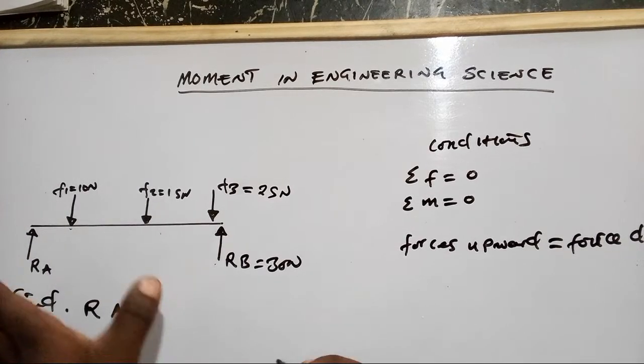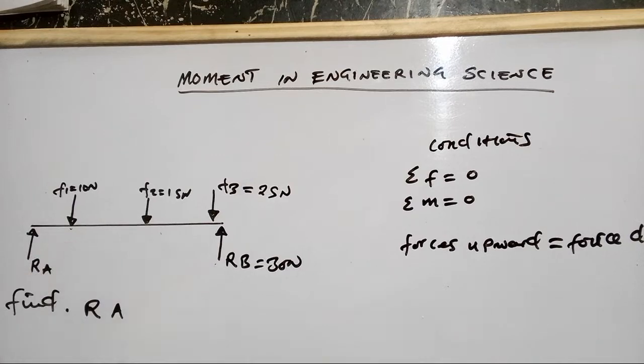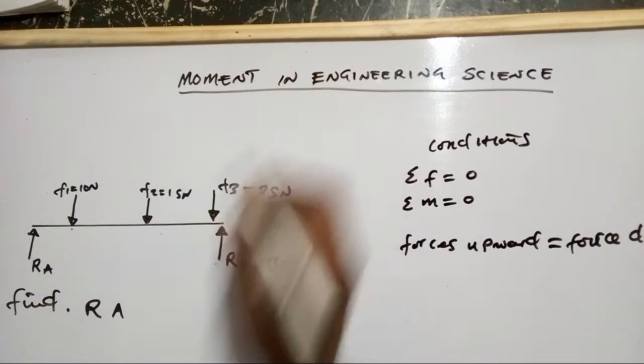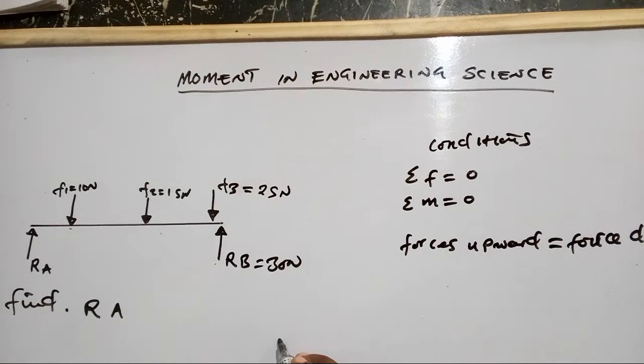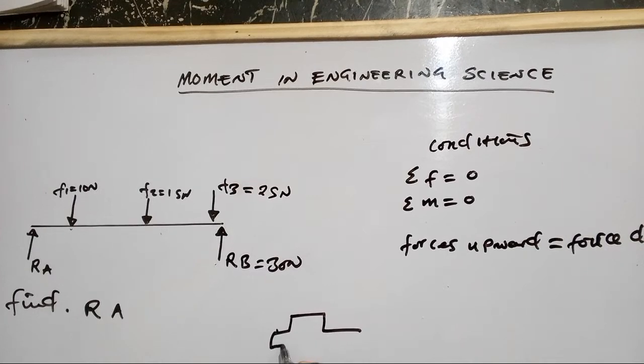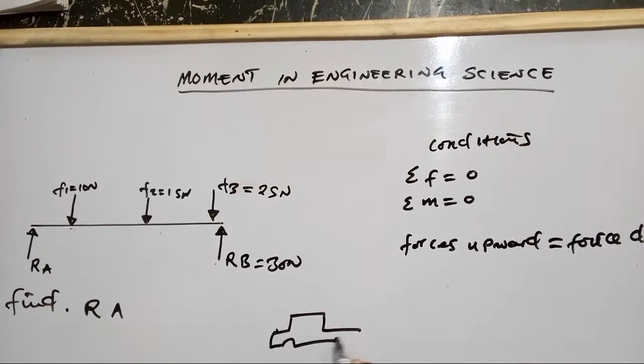These forces are usually found on, let's say, let me try to draw a motor vehicle here. Let me just draw a simple vehicle. And it has a chassis here.